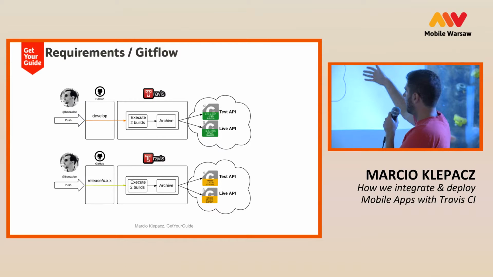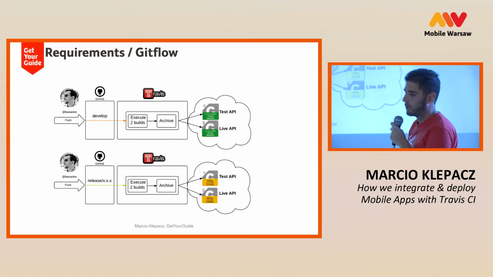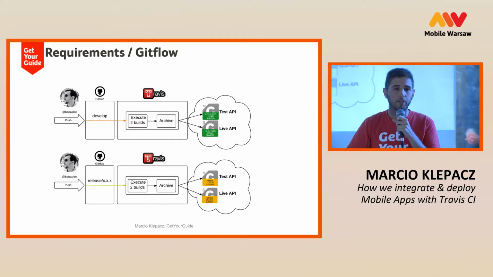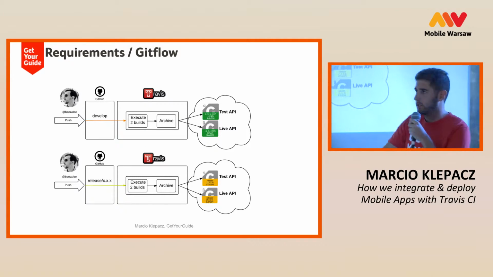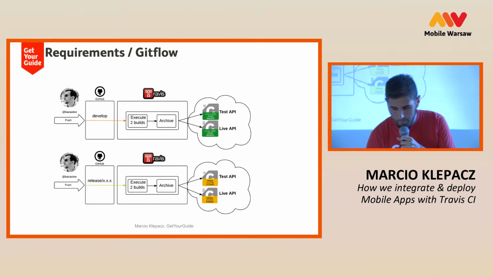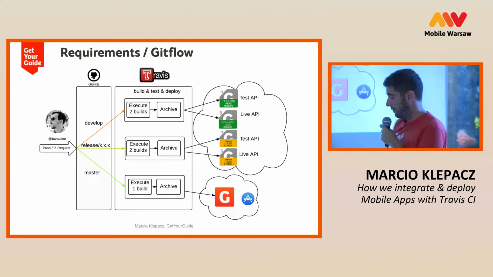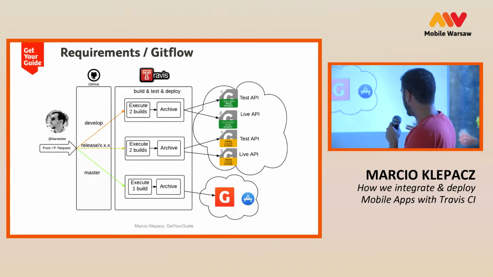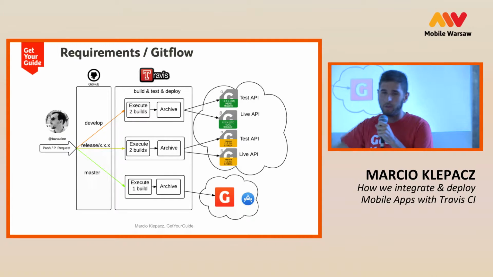One pair is with develop, so if someone is working on something that is not finished, it will be there, or if something's finished and the product manager wants to check, he can just go on the release and it will be there. And of course, if you push something to master, I want that to execute 1 build, archive, and ship it to the App Store.